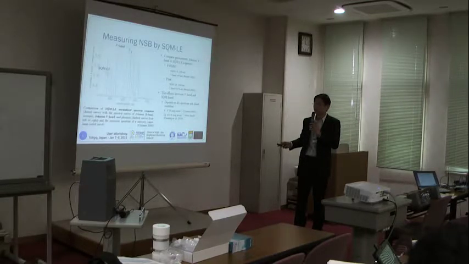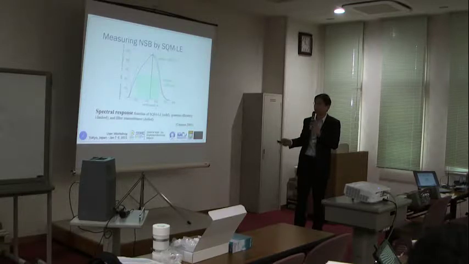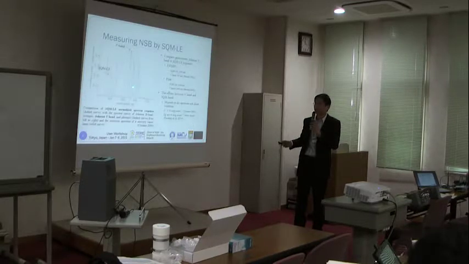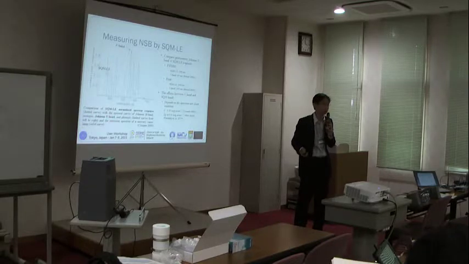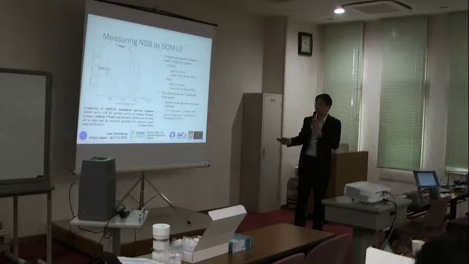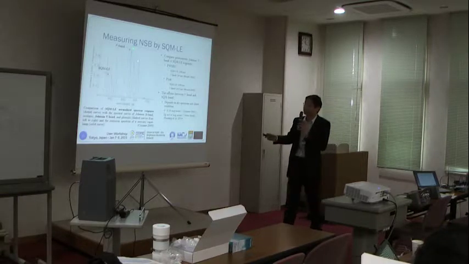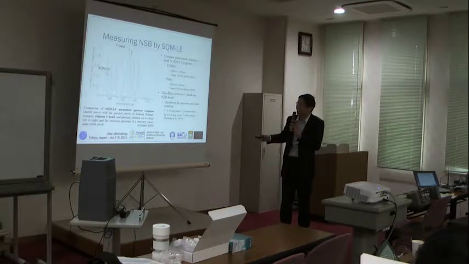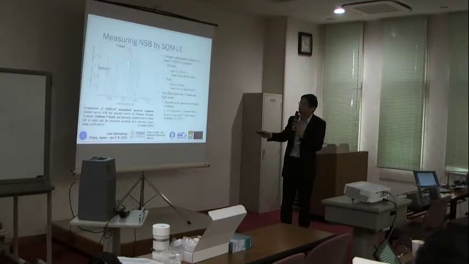And when we compare the spectral response of the SQM-LE to other filter bands, such as the Johnson V band commonly used in traditional CCD photometry, the dotted curve is the response of the SQM-LE, and can you see that? And this curve is the V-band response.